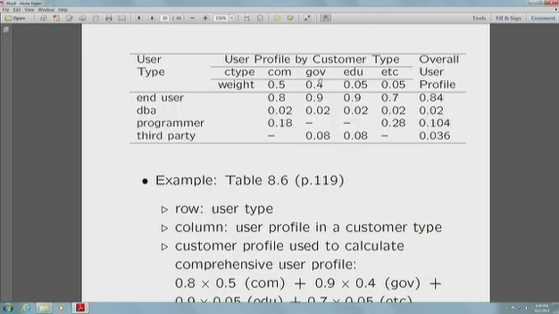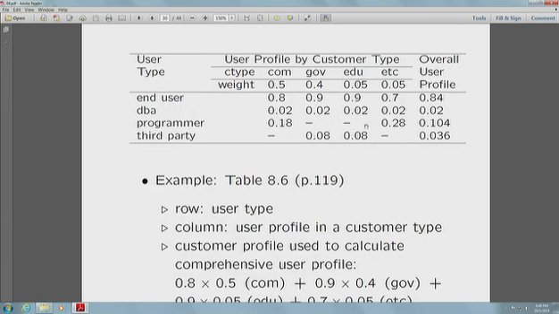For example, government agencies have end users and DBAs, but they don't hire their own programmers. They contract things out, so they have a third party: government contractors are doing things for them.